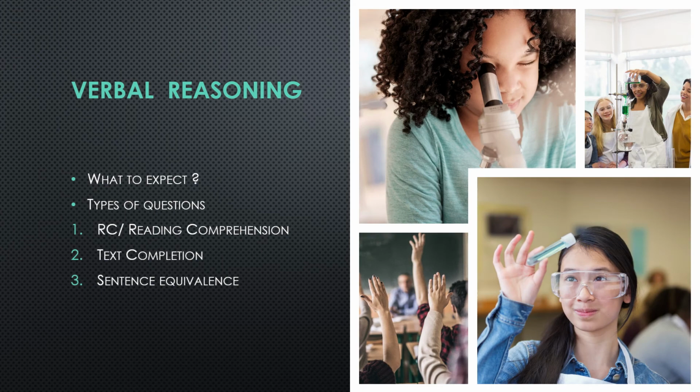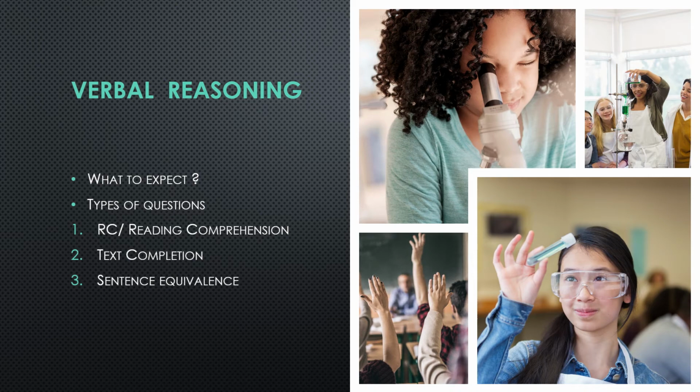So what to expect in the verbal section? In this section, there are 3 types of questions that you will be facing. The first one is RC or reading comprehension, the second one is text completion, and the third one is sentence equivalence. In the verbal section, basically your ability to understand English and comprehend meaning from sentences is tested.